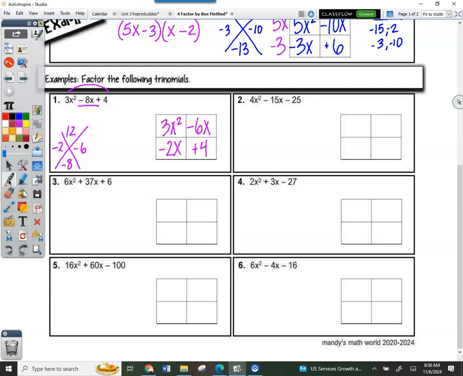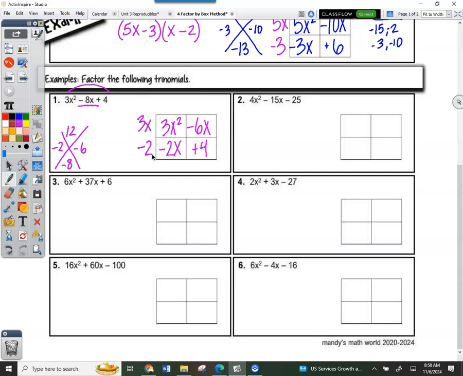What's the GCF of 3x squared minus 6x? 3x. By the way, the sign here is always going to match that GCF sign. What's the GCF of negative 2x plus 4? Always pull the sign in the front, okay? So -2.